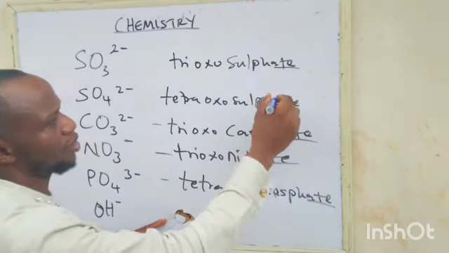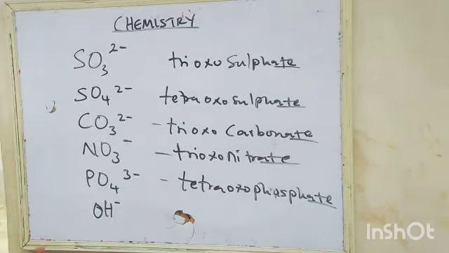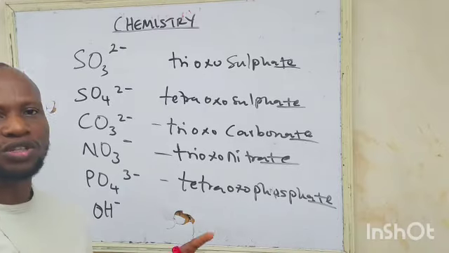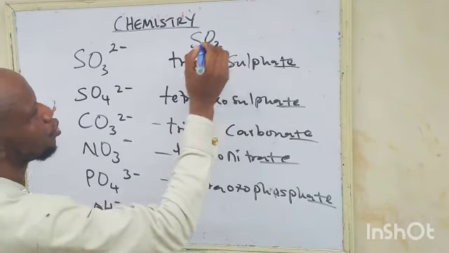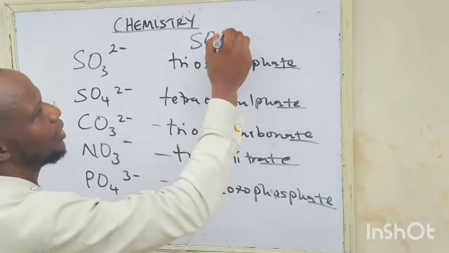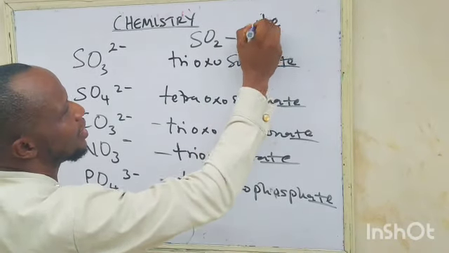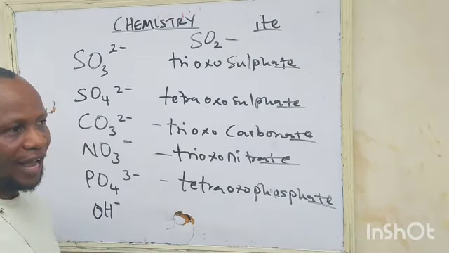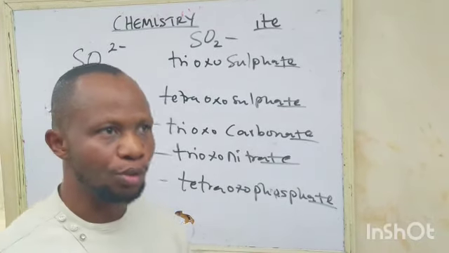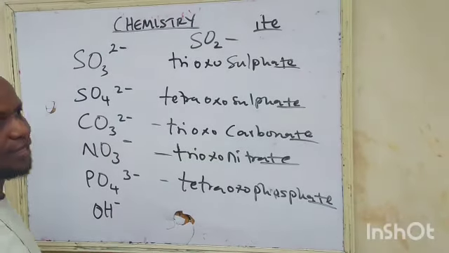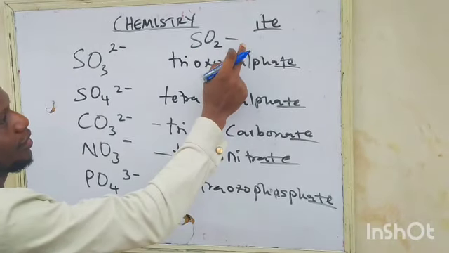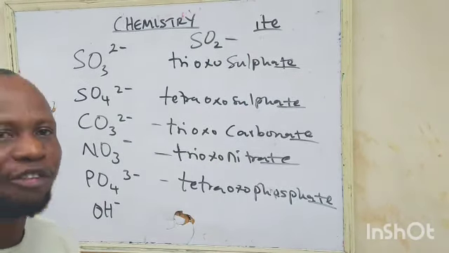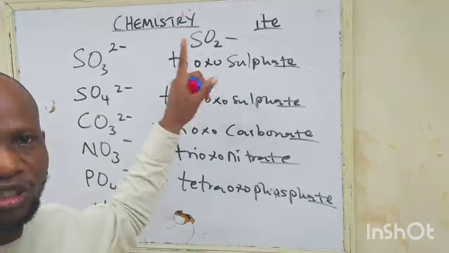So when it is 3 oxygen involved, ATE. Now when it is 2 oxygen involved, where you have SO2, then ITE. From 2 oxygen below is pronounced as ITE. For example, this is dioxosulfite, 2 oxygen.